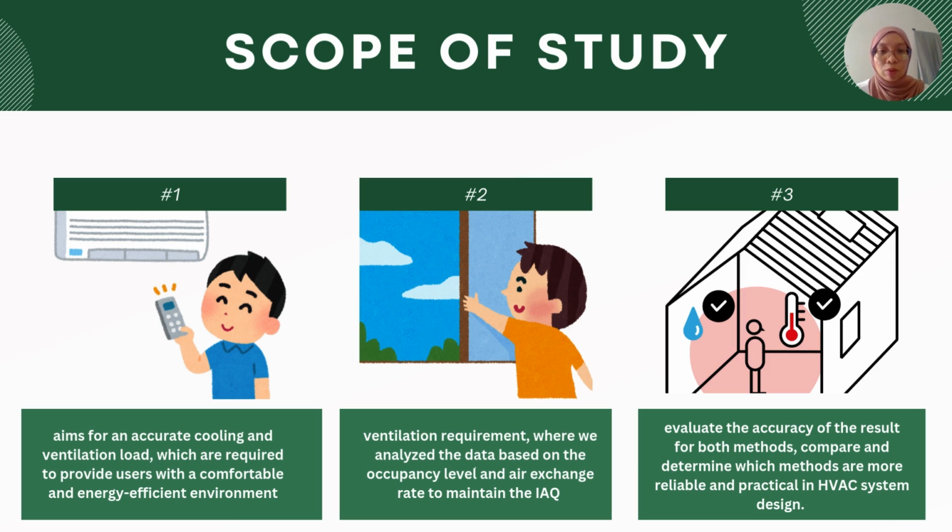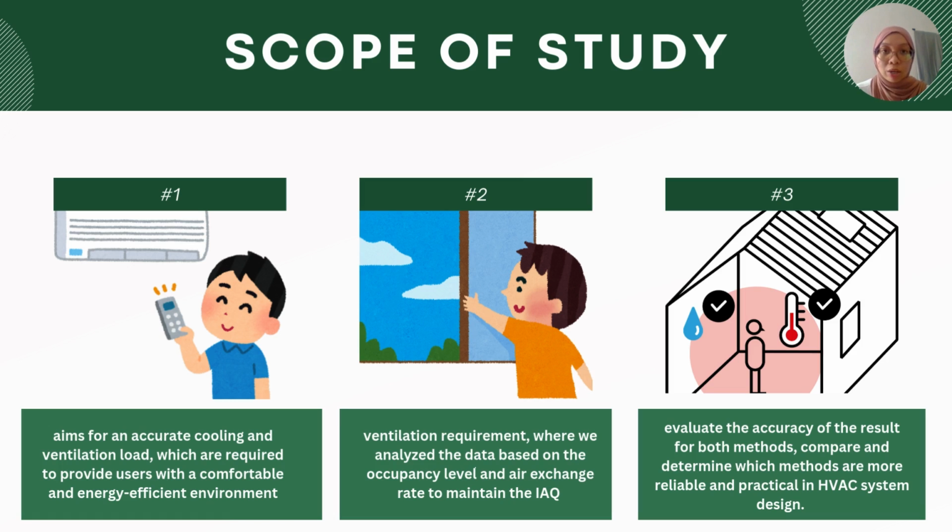And the last part I'm going to present is the scope of study. For our project, we aim to obtain accurate cooling and ventilation loads, which are required to provide users with a comfortable and energy efficient environment. We also need to know the ventilation requirement, where we analyze data on the occupancy level and the air exchange rate to maintain the IAQ.